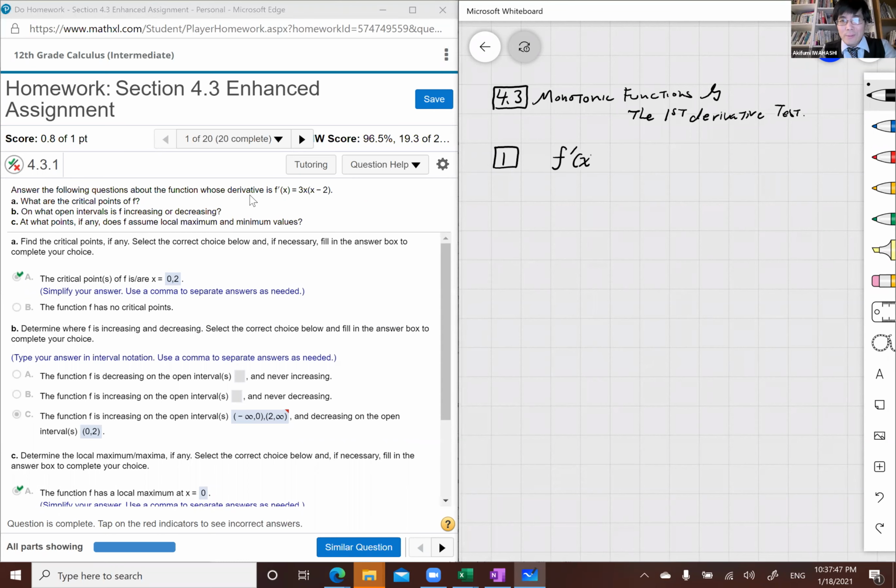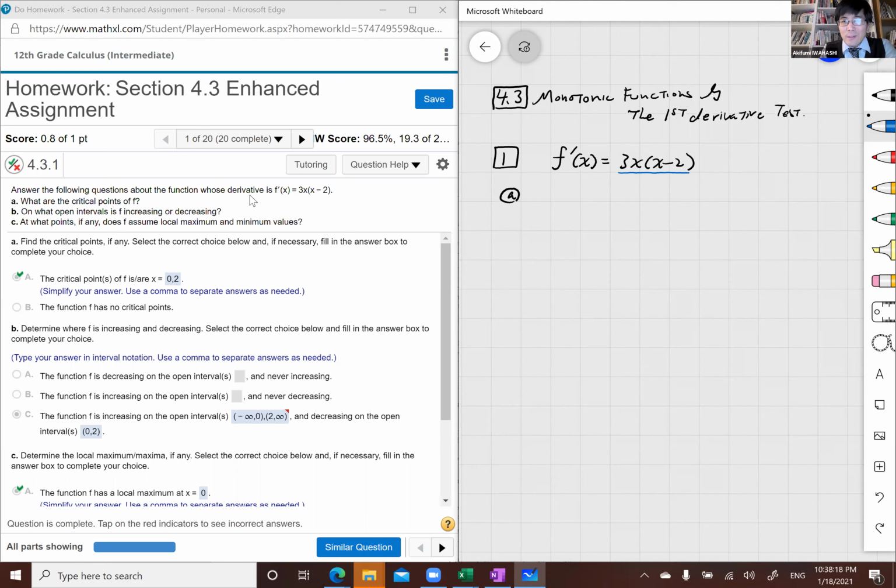So we have a function f'(x) is equal to 3x times (x - 2). Part A. What are the critical points? The critical point is the point where the derivative becomes 0 or where the derivative is undefined. Now this is a quadratic function, so it is defined everywhere.